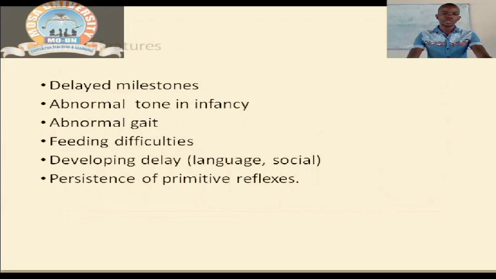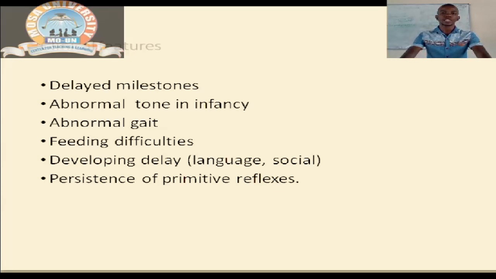Now, in general, cerebral palsy has general clinical features that are going to be present in any of the four classifications that we've talked about. Okay, so when a patient comes to you, you're going to notice that this patient has delayed milestones. Delayed milestones are basically growth and development features.